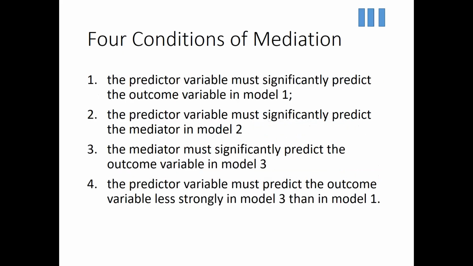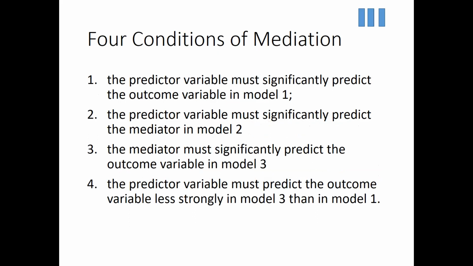So here's what we have to check for when we're running mediation analysis. Number one, the predictor variable must significantly predict the outcome variable, right? Child's reading ability, socioeconomic status, right?